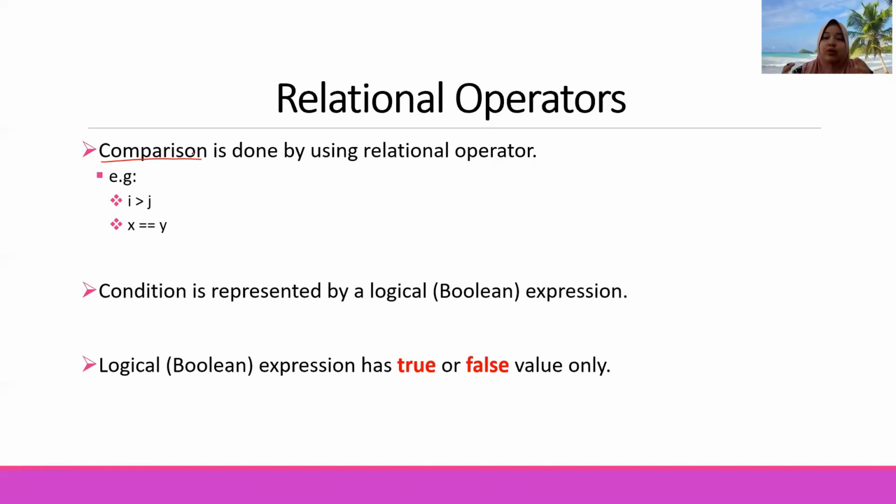Dua benda kita akan buat comparison. Bila sebut comparison, we usually use the relational operator. So remember, examples here are I more than J, X equal Y, more than or equal. These are examples of the relational operator.